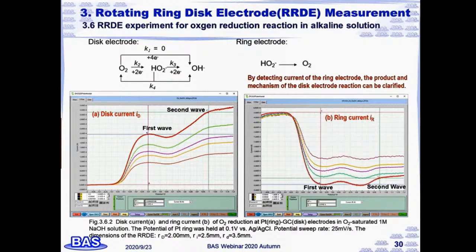From this, it can be seen that the hydrogen peroxide ion generated at the disk electrode undergoes a further 2-electron reaction, and a part of the generated hydrogen peroxide ion is reduced, so the ring current decreased. In other words, by the ring electrode detecting the disk electrode's reaction product, the mechanism can be elucidated.